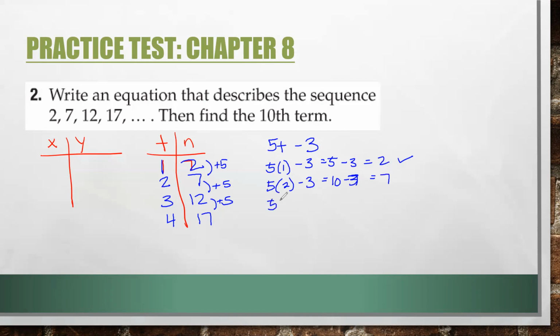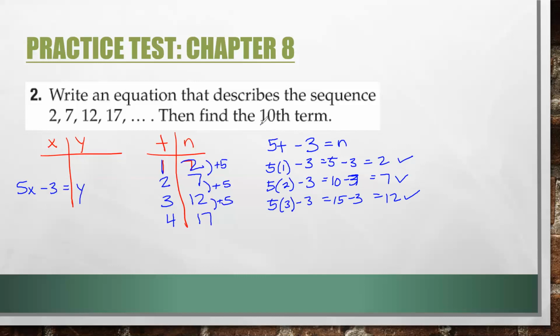Now I'll just check one more. 5 times 3 is 15 minus 3, which is 12. So these check out as well. So my equation becomes 5t minus 3 equals n, or if you're using x and y, you probably got 5x minus 3 equals y or something like that.